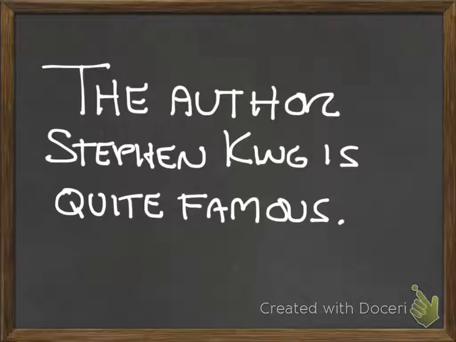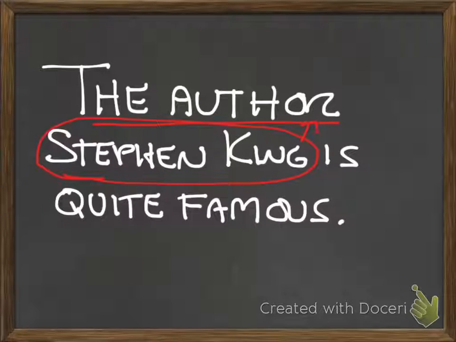The author Stephen King is quite famous. Is that essential or non-essential? Think about it for just a second. Okay, we've got the noun, the author. You've got the appositive. Stephen King refers to the author, right? That's giving you more information.